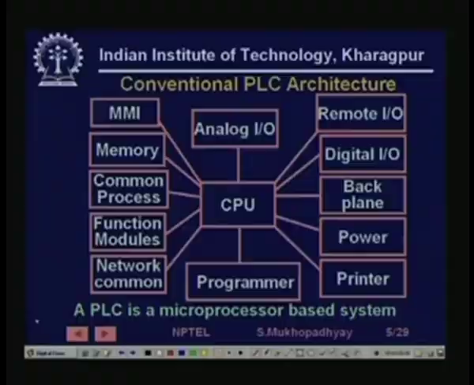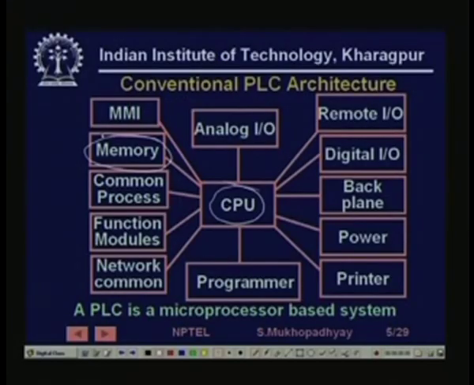So here also you will find basically the same things. Here you have the CPU, this is the CPU, and here is the memory. As we will see, memory can be of various types.